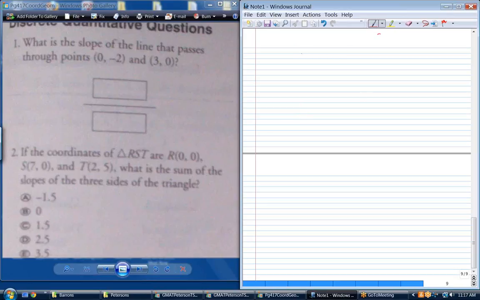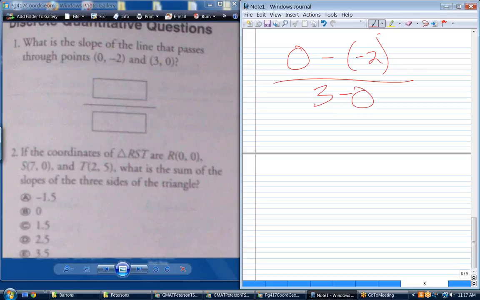Okay, so what is that in this case? I'm sorry, I'm just going to write it. It's okay. If you want to say it, I'll write it. Okay, so y2 is 0 minus 2 divided by 3 minus 0.